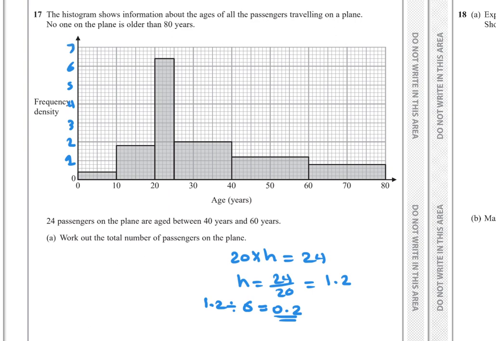Now to find the total number of passengers, you can find the area for each rectangle, then add them.